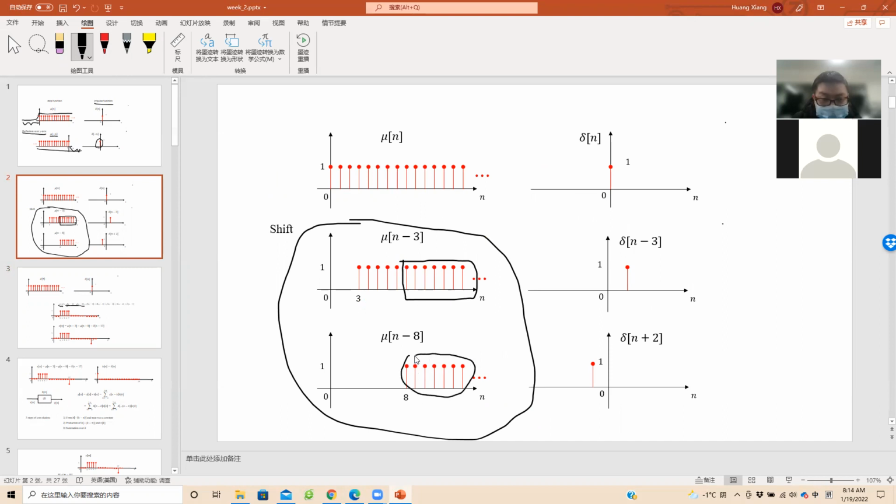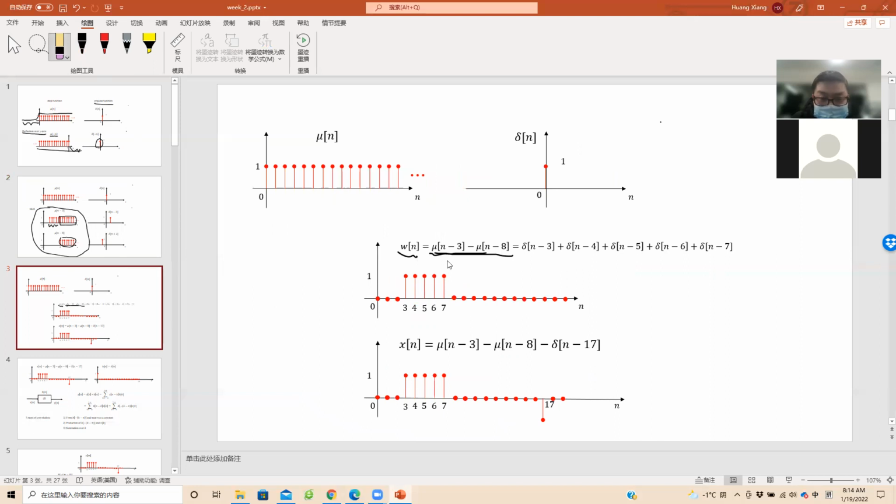So the remaining part is focusing on this part. So you can see u of n minus 3 minus u of n minus 8 is defined this way.